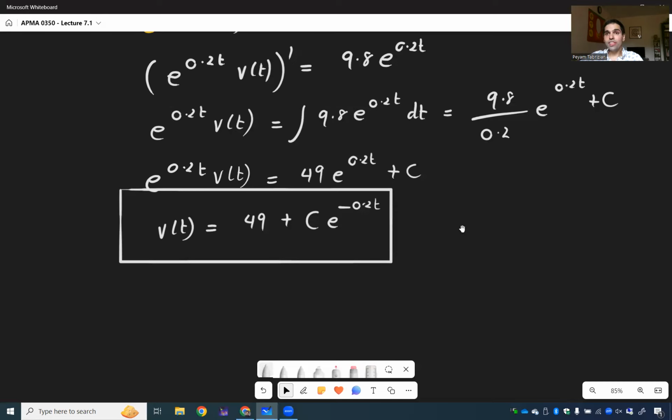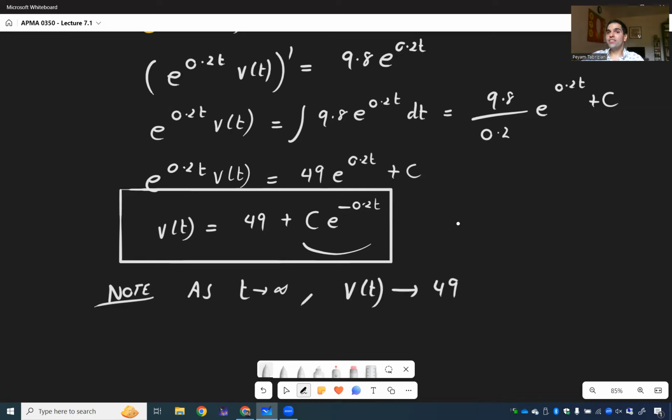And here's the cool thing. If you notice, as t goes to infinity, this term goes to 0. So in fact, the limiting velocity is just 49. As t goes to infinity, v of t goes to 49.